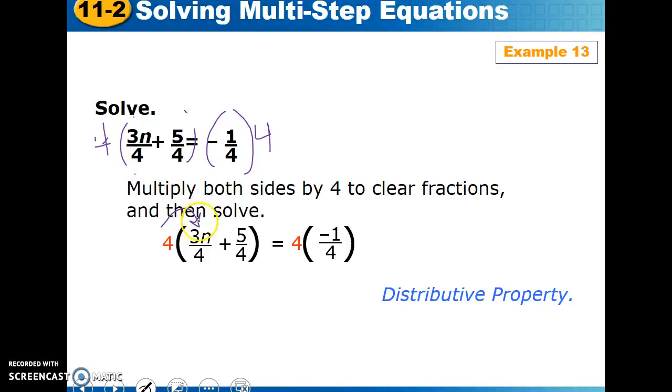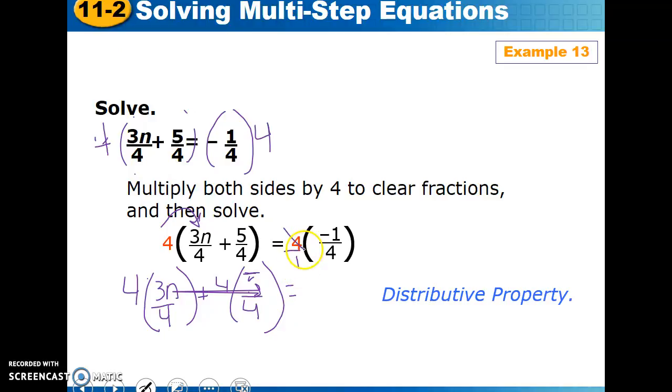So we're taking the 4 times the first term, so 4 times the 3n over 4 plus 4 times the 5/4, equaling, I'm just going to go ahead and multiply this. 4 over 1, simplify. 4 divided by 4 is just 1, so that's just negative 1.